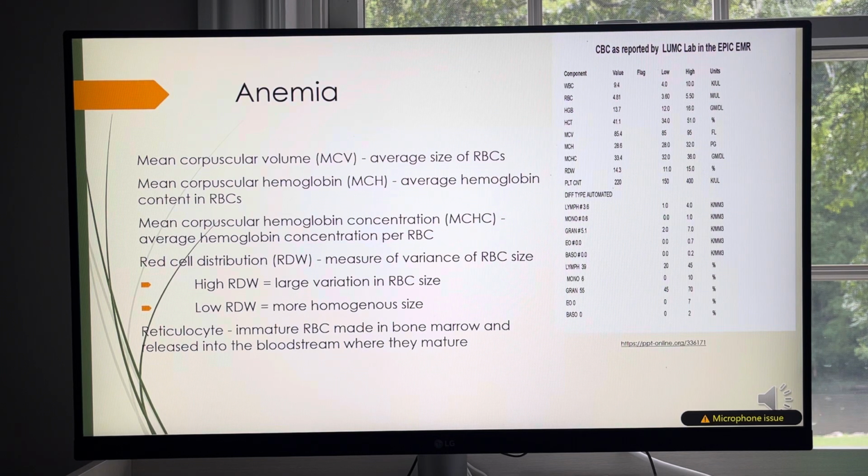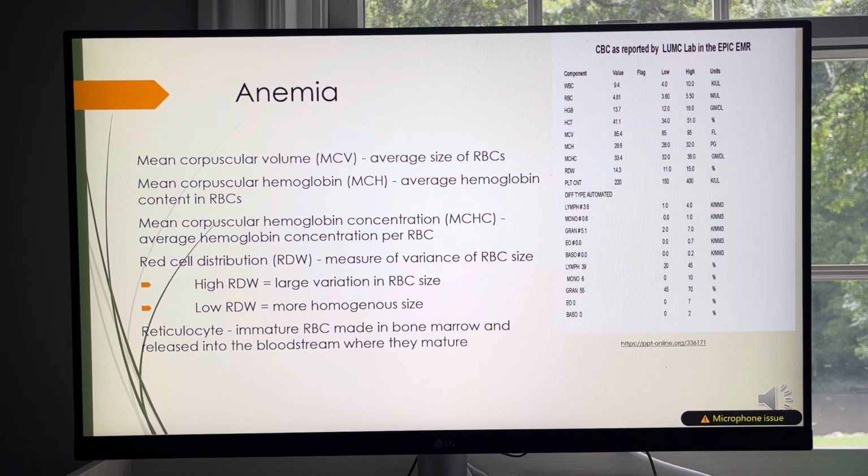But the MCHC is the average hemoglobin concentration per red blood cell. So the MCHC takes the size of the red blood cell into account. In other words, how much hemoglobin does the average red blood cell have based on how large the average red blood cell is? So the MCHC, much more informative than the MCH.